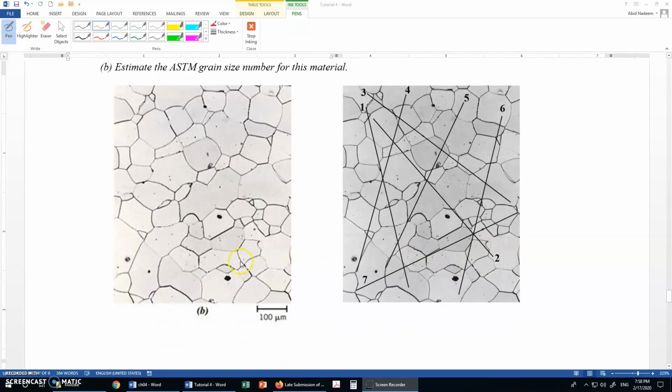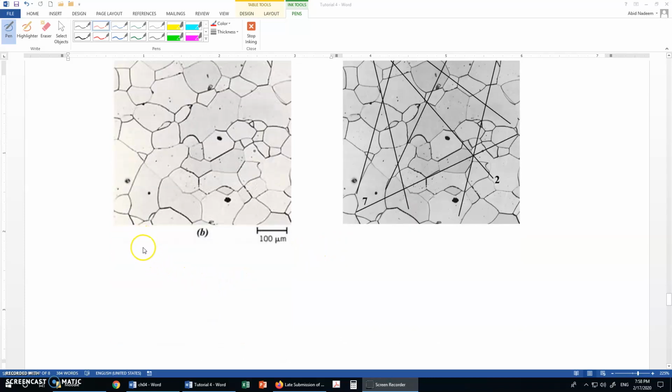After the intersections are counted, they can be represented over here: line number and number of intersections.